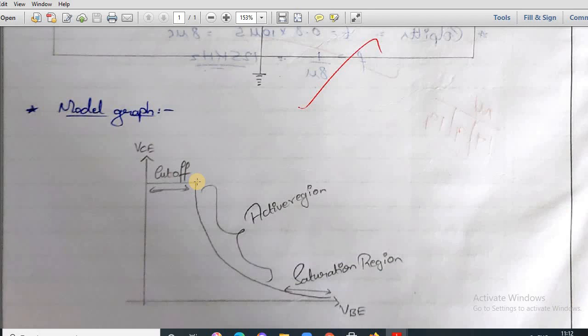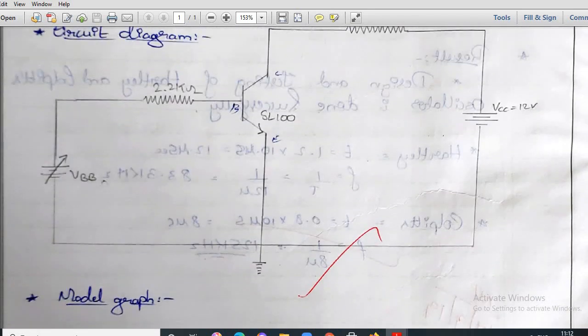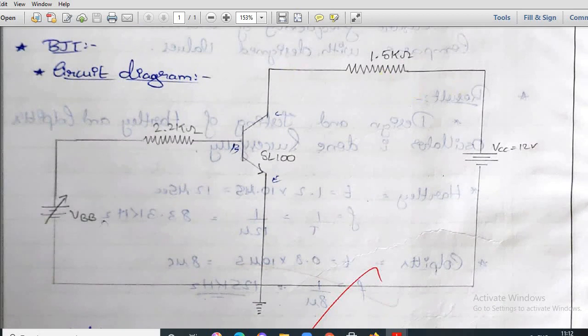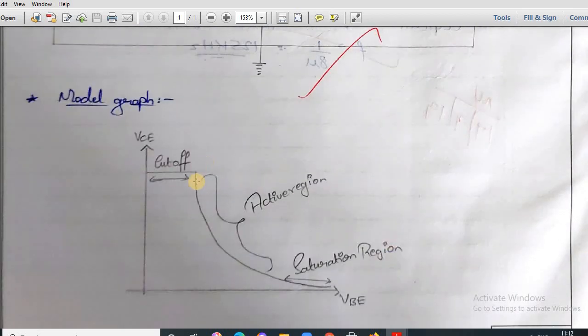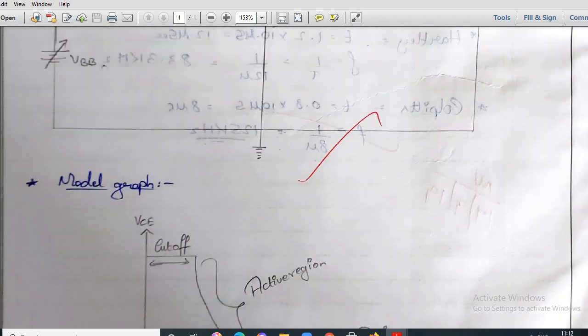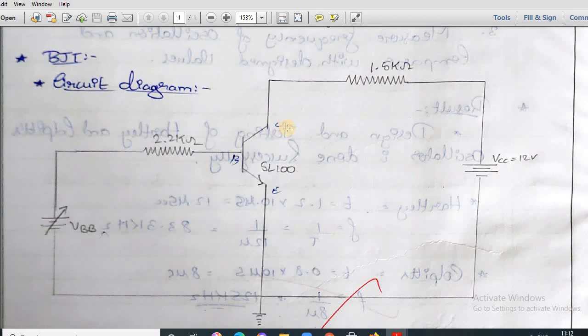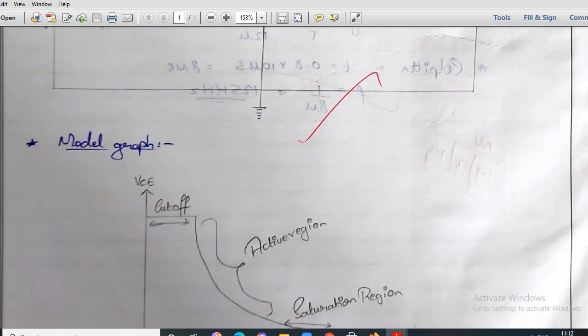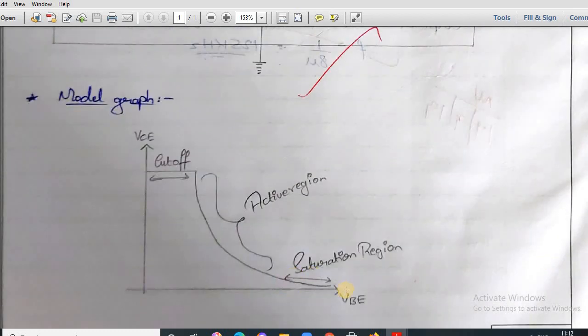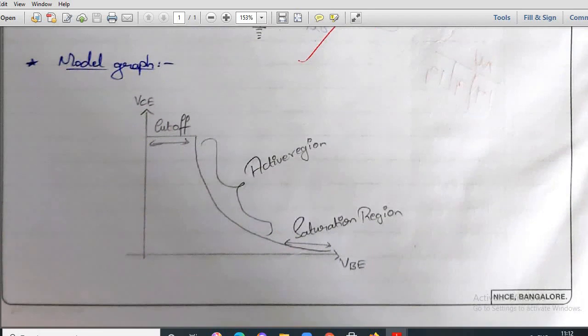When the transistor started operating, we got output current as IC. So with a drop across 1.5 kilo ohm, you can see slowly the output voltage has now come down. It reduces. That's the active region. And for higher values of VBE, our collector emitter voltage will still come down, and that's your saturation region.